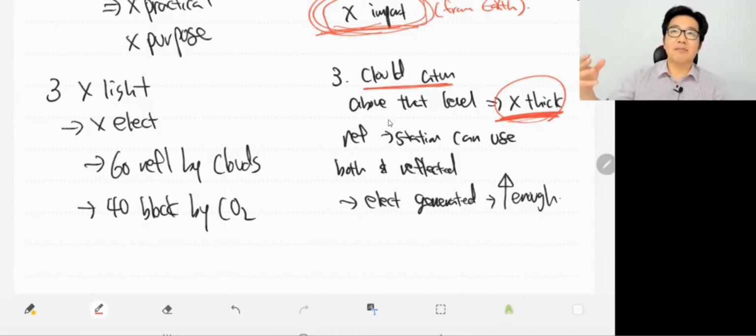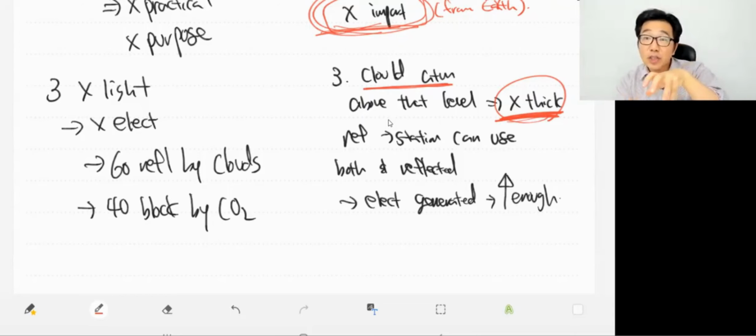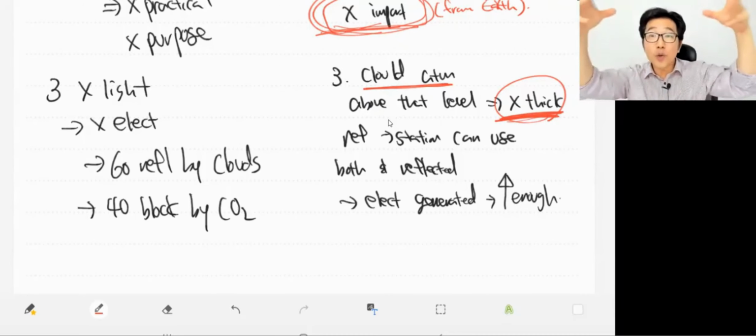Okay, it's not like 60% of the light will be reflected away into space from the clouds, which happens if you try to live at the surface of Venus, because the cloud will be too thick.